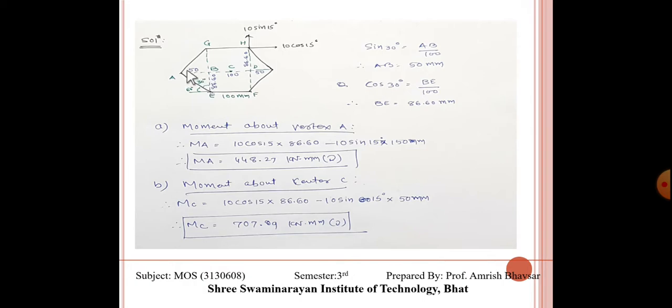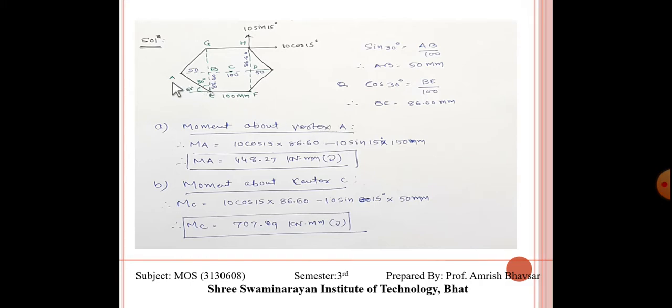So we get AB is equal to 50 mm, and for cos 30 it is 86.60. So we have the vertical dimension 86.60 and the horizontal dimension 50 over here. But from B to D, B to D is equal to 100, as given over here.